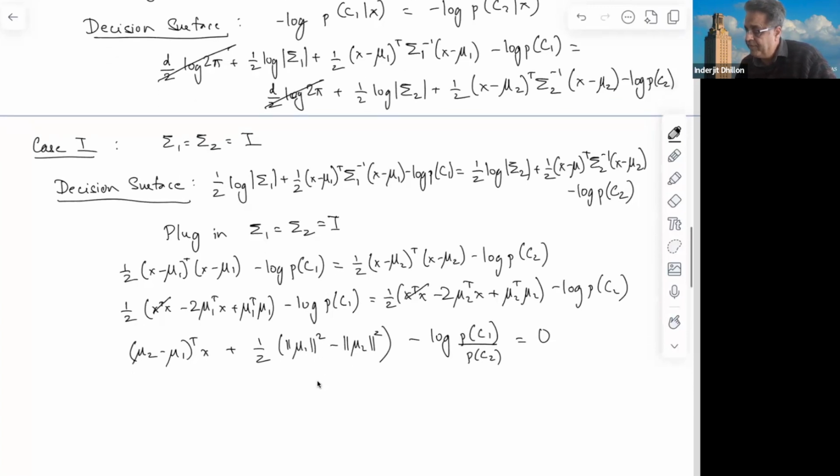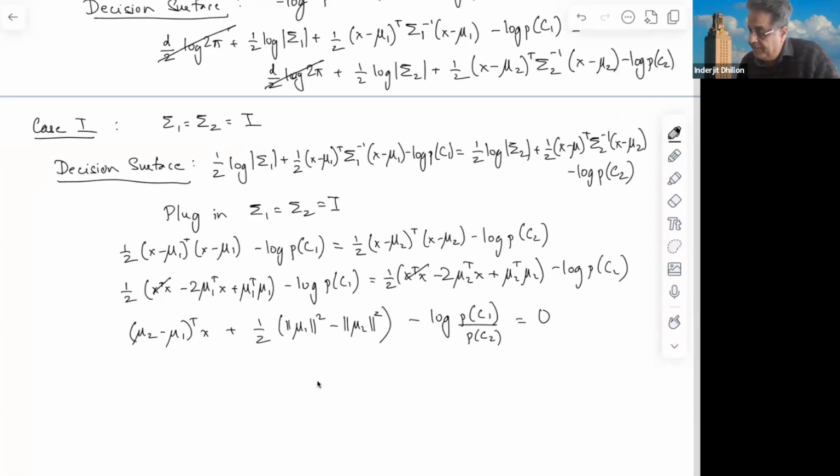So you will notice that my decision surface has the form W transpose X plus W naught equal to 0.